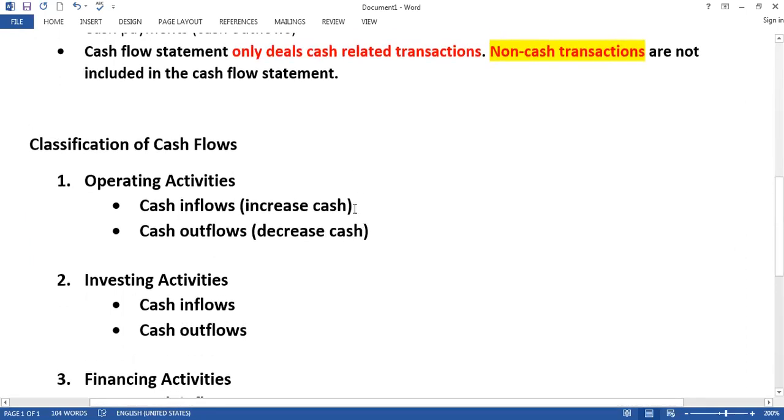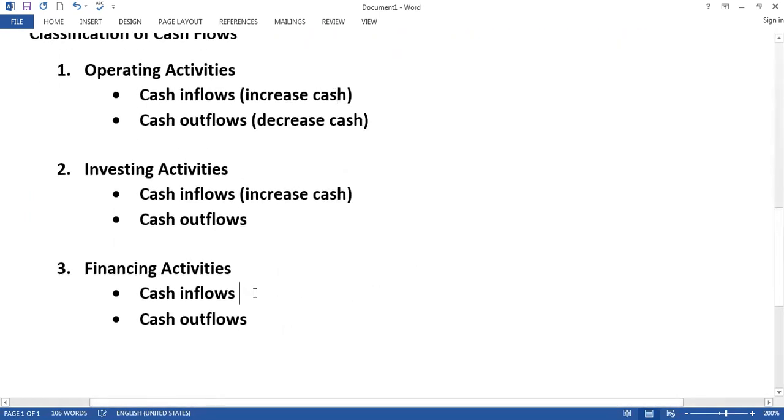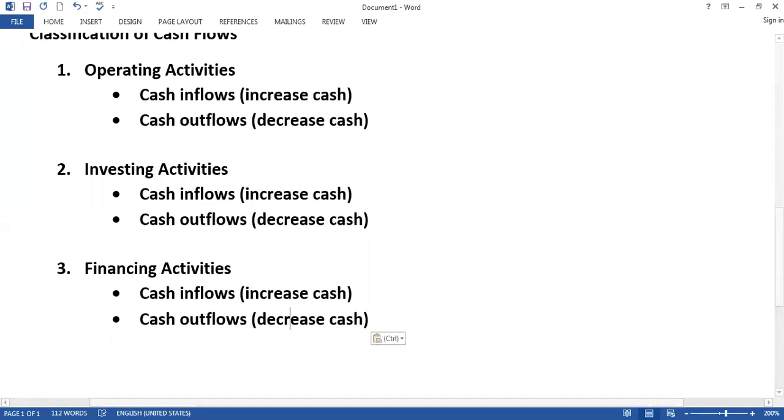Then whatever we have in financing and investing activities, we will have some cash increase, and for financing activities, we also have some cash increase and cash decrease. So these are the three activities, right?